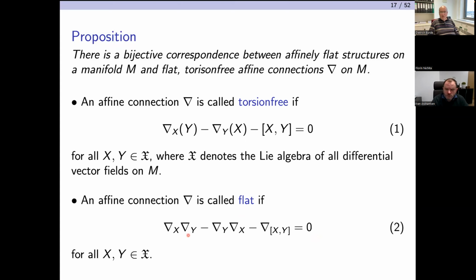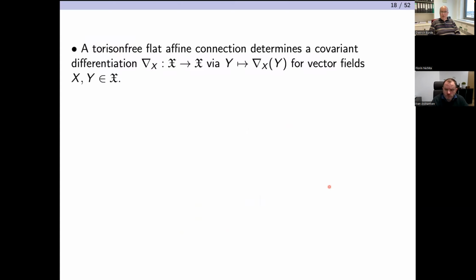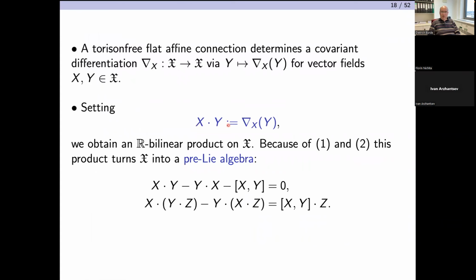But again, you see, if we put this here, you get an R-bilinear product, and because of torsion-freeness and flatness of this curvature tensor, you get a pre-Lie algebra structure. So this is the first one and the second one.